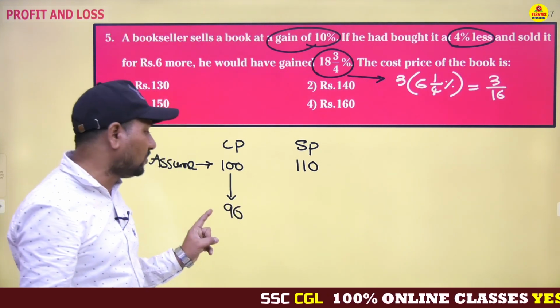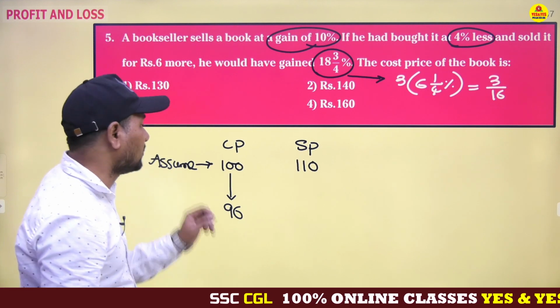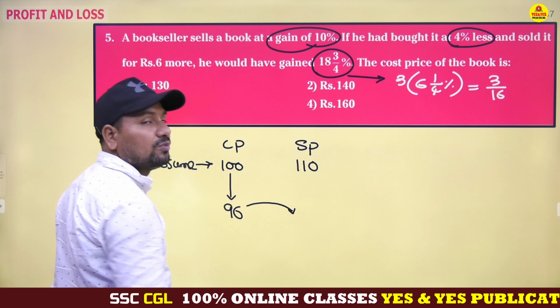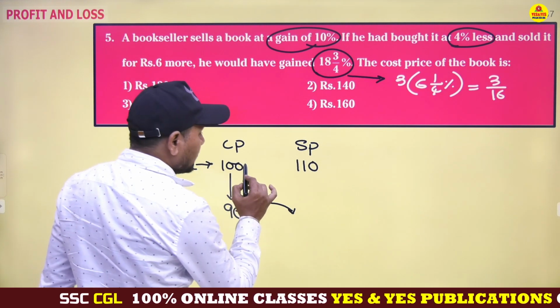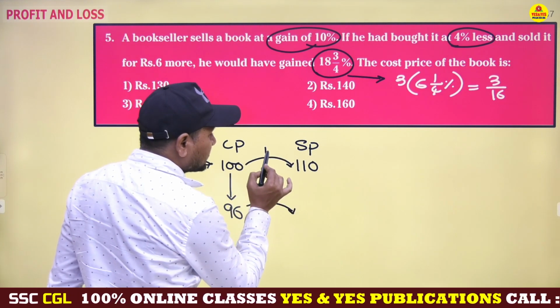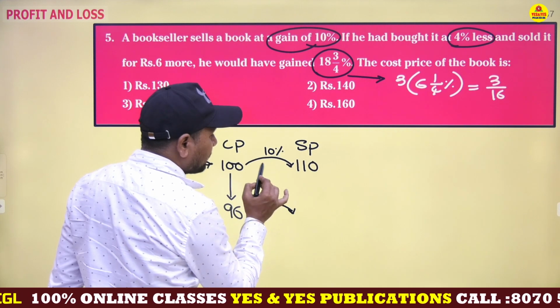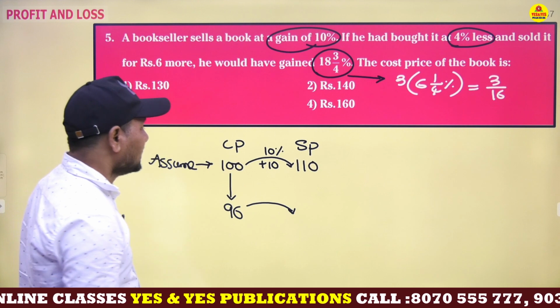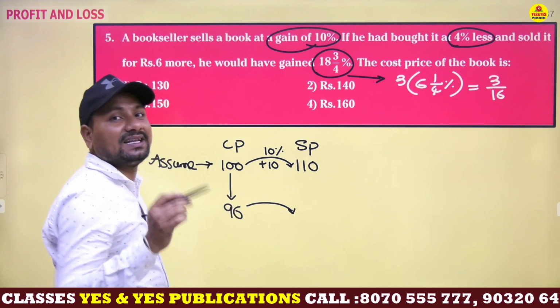If I get it for only 96 rupees, how much profit will I take? Here I am taking 10% profit, which means 10 rupees profit. But the second time your cost price is 96 only.